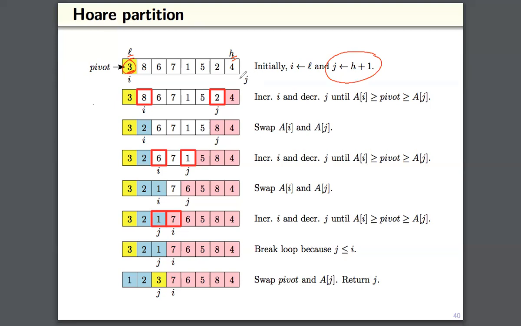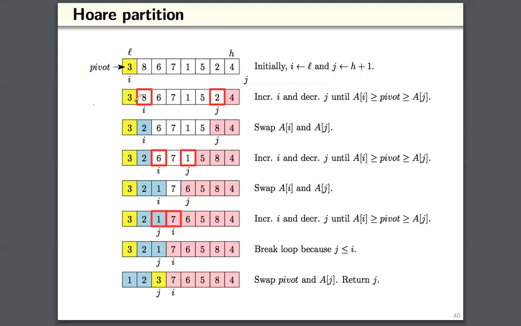Remember, in Lomuto partition, j was pointing to the next element of i plus 1. Here, j is pointing to H plus 1. It's outside. There, j was incrementing in Lomuto partition. Here, j will be decrementing. We will see that.